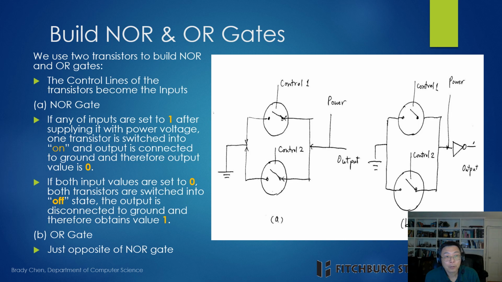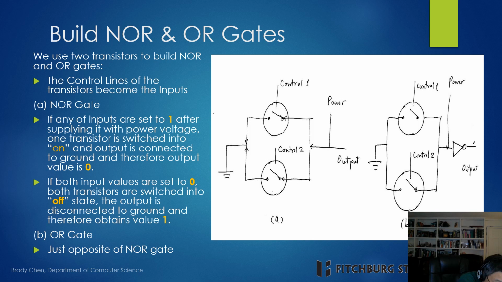Now, to build a NOR gate or OR gate, we also need 2 transistors. But instead of connecting these transistors in series, we're going to connect these transistors in parallel. Let's take a look at the diagram here. The 2 transistors use a parallel connection.